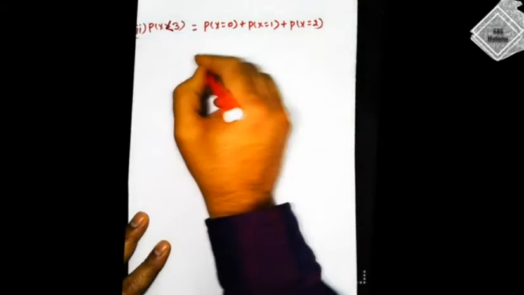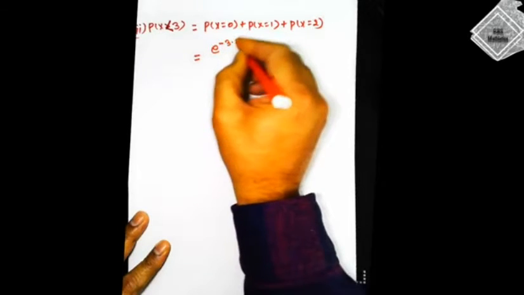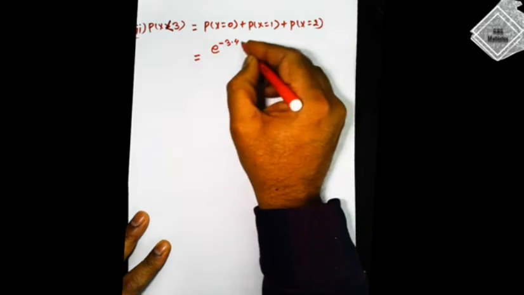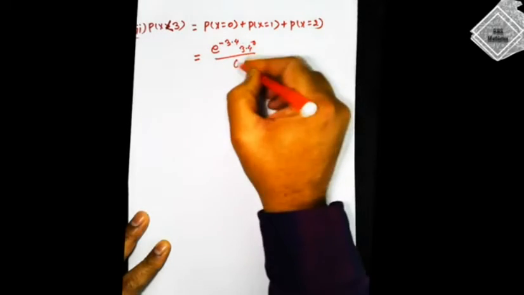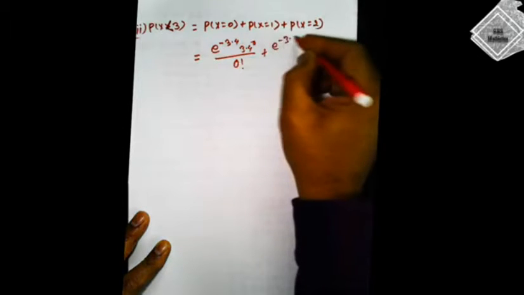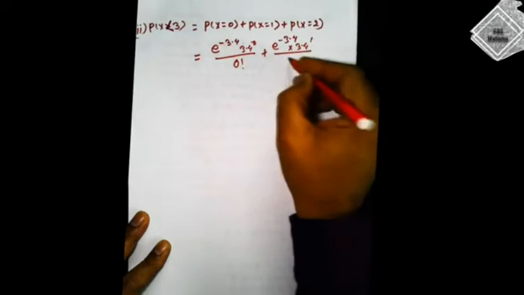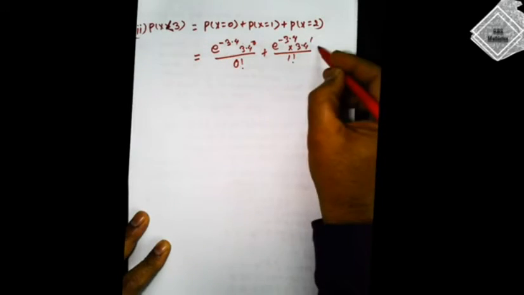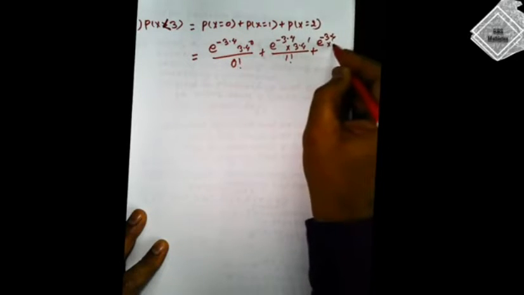Now we apply the same formula here, e to the power negative lambda, and the lambda value was 3.4. For X = 0 it is 3.4 to the power 0 over 0 factorial. Then e to the power negative 3.4 times 3.4 to the power 1 over 1 factorial because X equals 1, and here it is e to the power negative 3.4 times 3.4 to the power 2 over 2 factorial because X is 2.